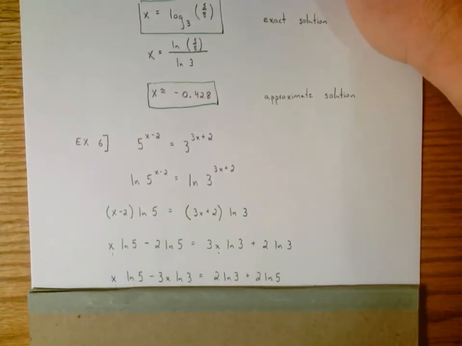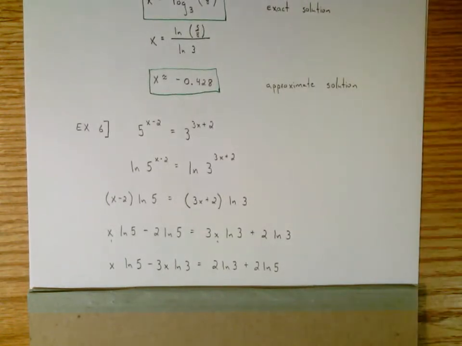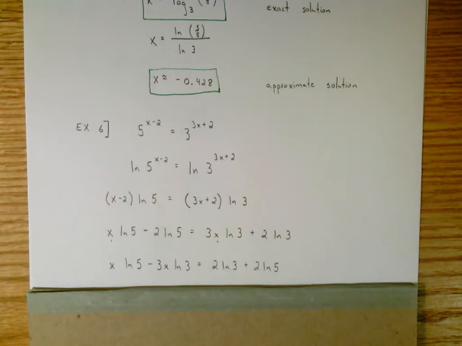When I do that, I'll go ahead and get my constant terms on the other side. So you'll notice I've added 2 natural log of 5 to both expressions and subtracted 3x natural log of 3. Now my left-hand expression has my 2 variable terms. I can't combine them because they're not like terms, so there's only one way to write this using a single x. What would that be?